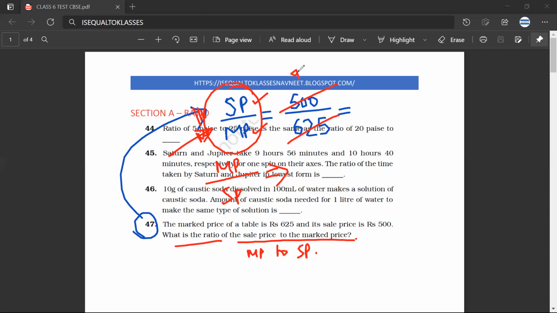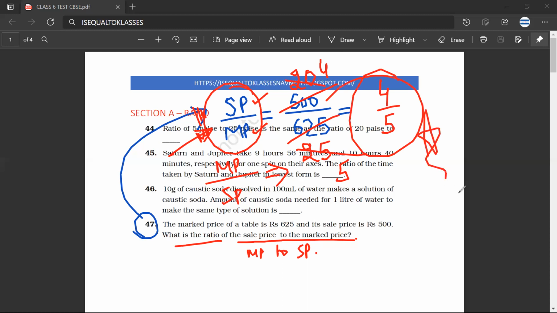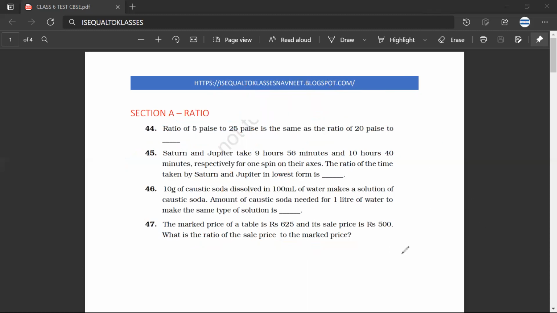Shabash. 25 1 the 25, 25 2 the 50, 25 5 the 125. Mr. Sarthak, is the answer correct? Yes, sir. It's correct.